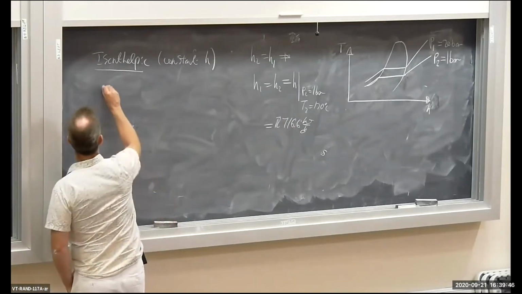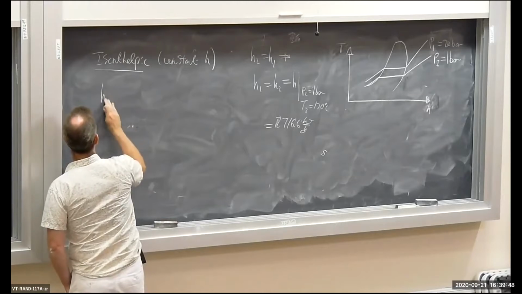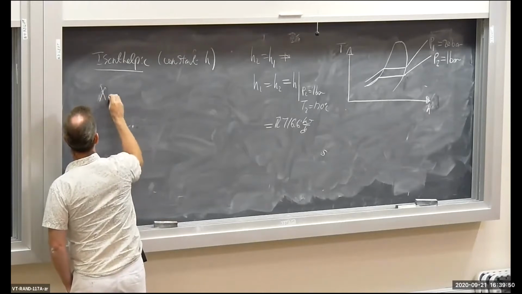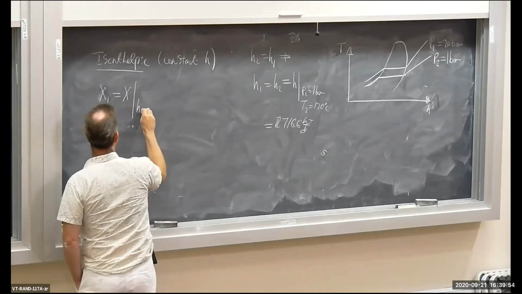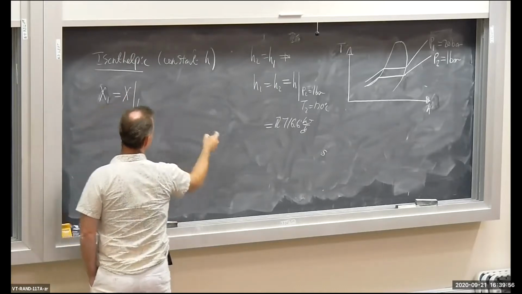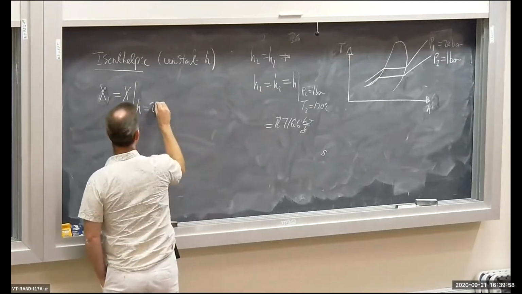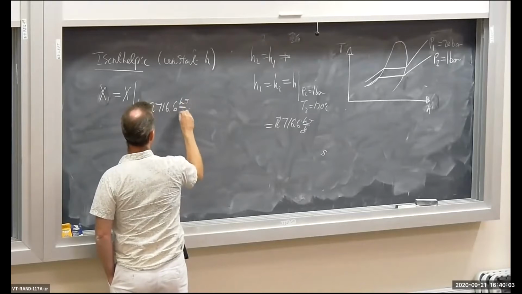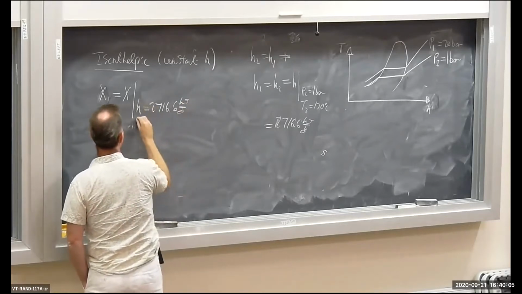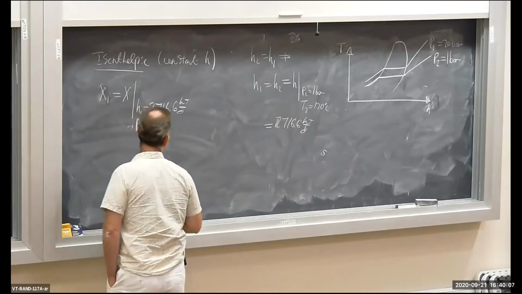Quality X1 is equal to the quality evaluated for an enthalpy H1 of 2716.6 kilojoules per kilogram and a pressure P1.